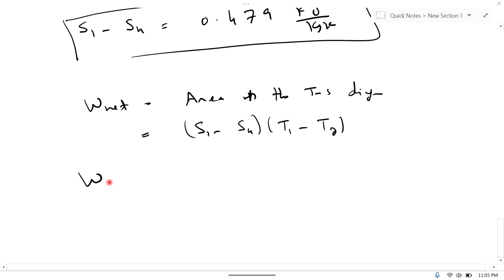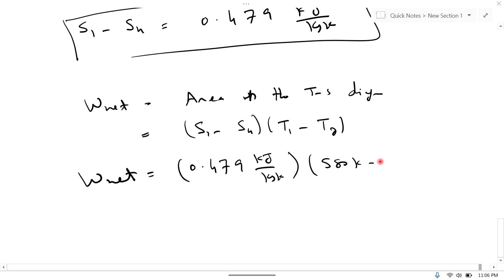So W net is equal to S1 minus S4, which is 0.479 kilojoule per kilogram per Kelvin, and T1 minus T2. T1 is 580 Kelvin minus T2 is 290 Kelvin.